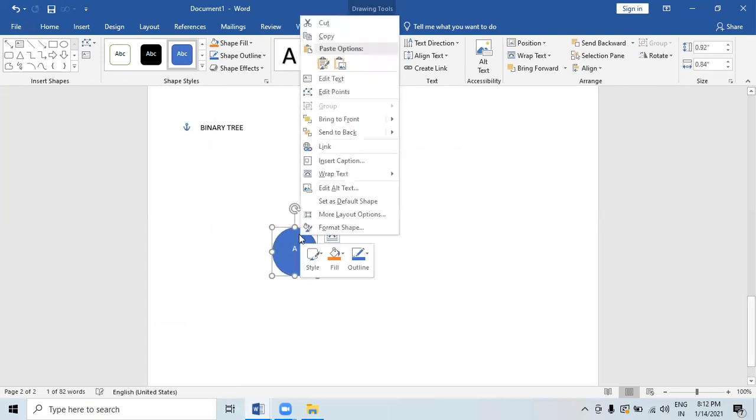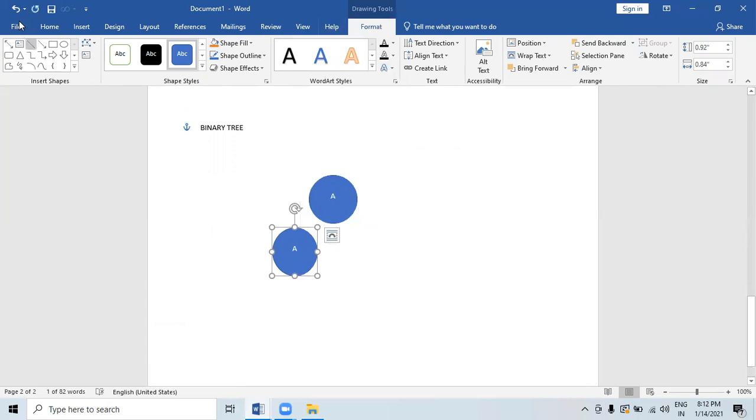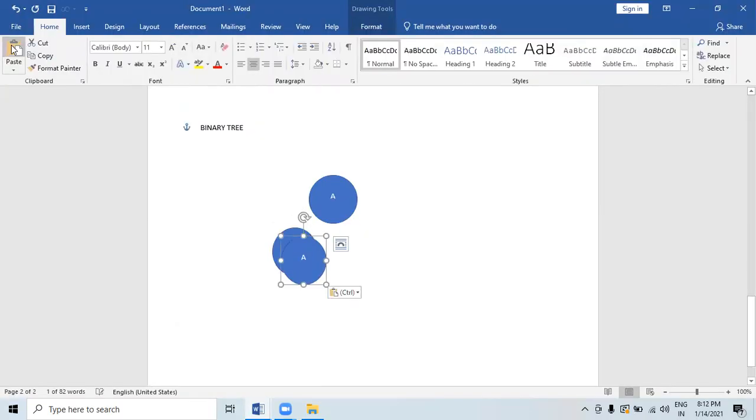Suppose this. Okay, then again copy, paste, paste. Suppose we have pasted too much. Then like this only the diagram is there.